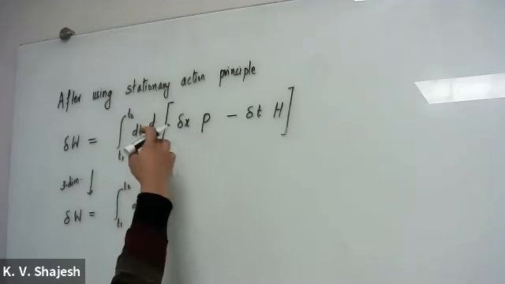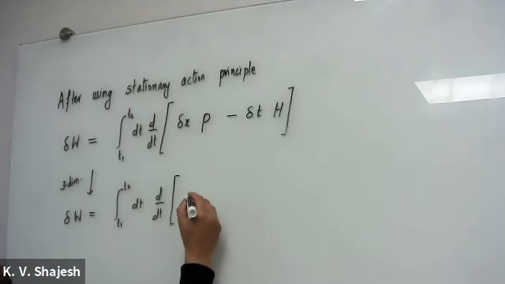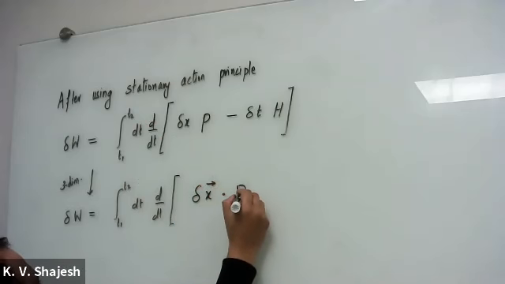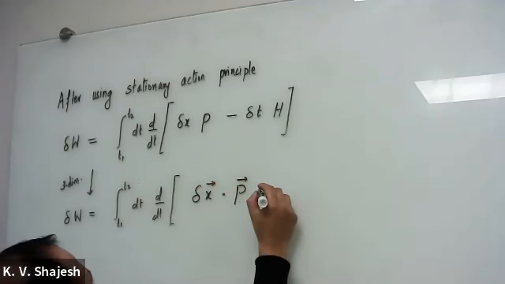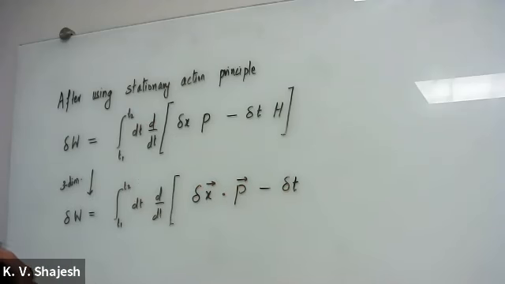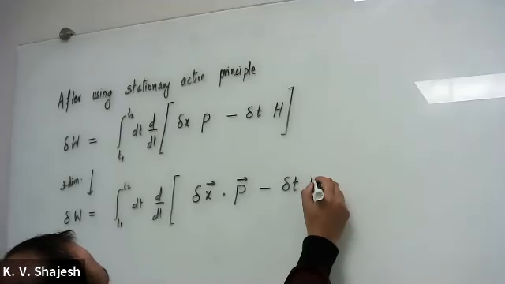There will be 3 positions, 3 momenta, and the time is the same. So this becomes a dot product, delta x dotted with P, minus delta t of H.